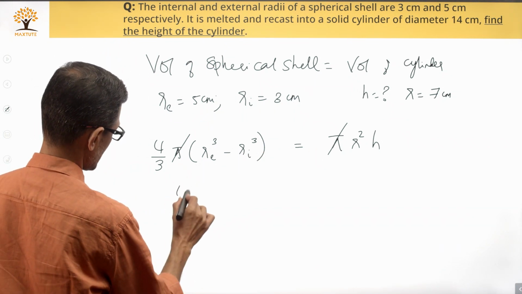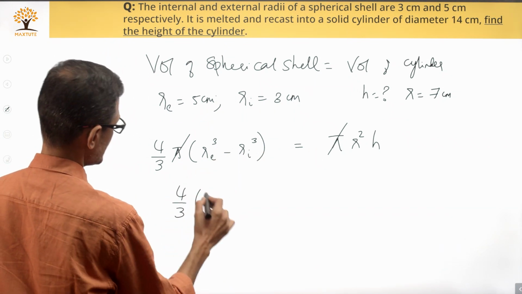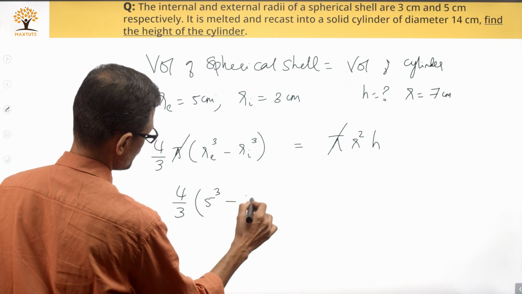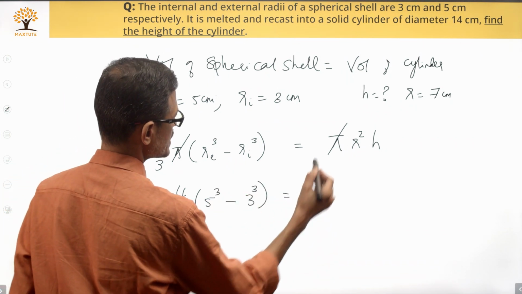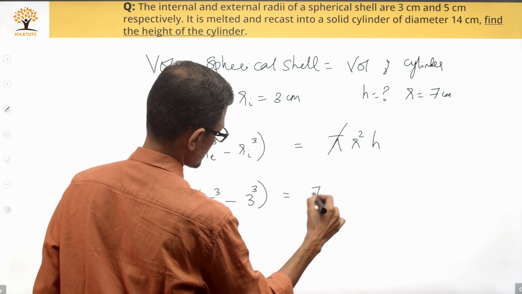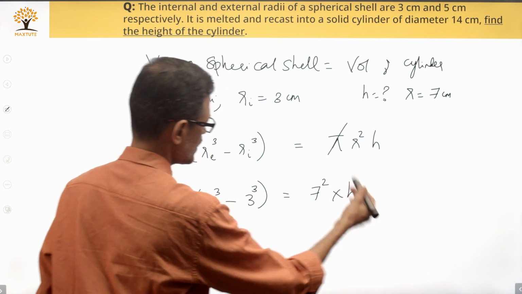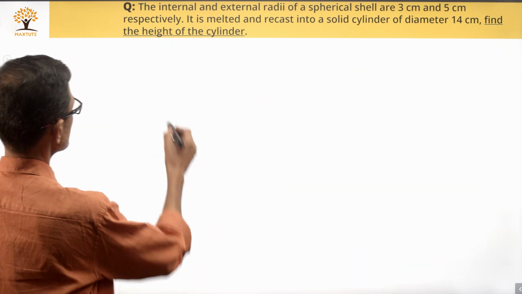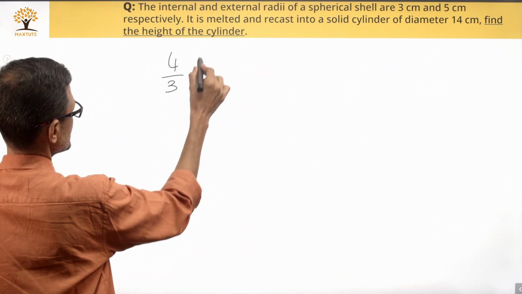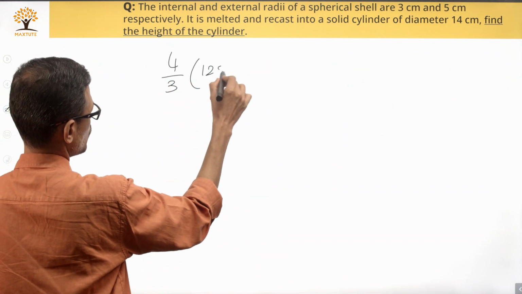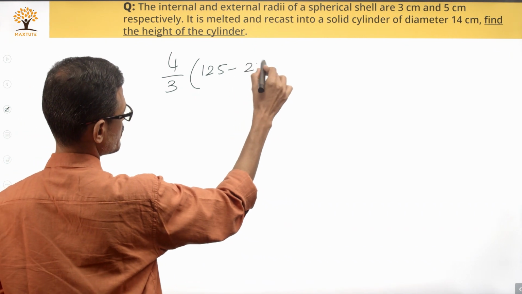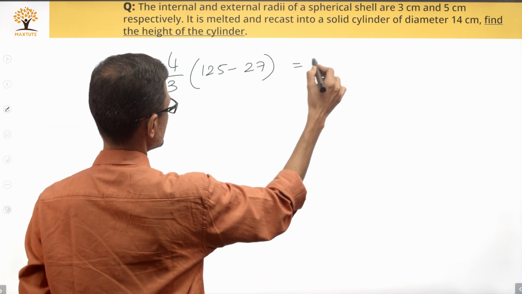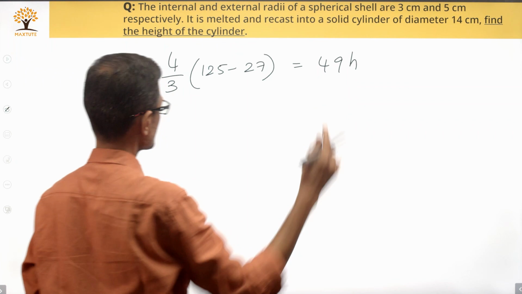Plug in the values: 4/3 into (5 cube minus 3 cube) is equal to 7 square, which is R square, times H. So H is equal to, bringing this 7 square down and simplifying, 4/3 into (125 minus 27), divided by 49.